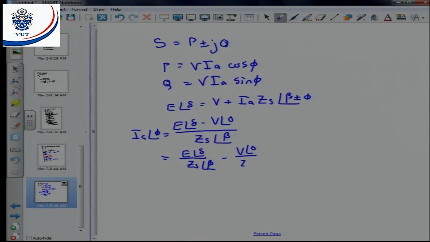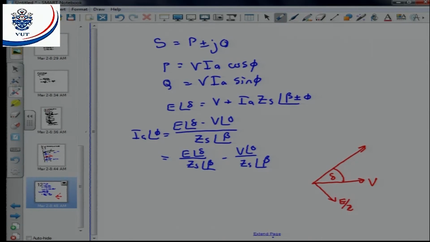Now if we draw a partial phasor diagram, we will have V there, E leading by a certain angle delta. Now if both of them are divided by Z, we will have E over Z, and this will be angle beta.